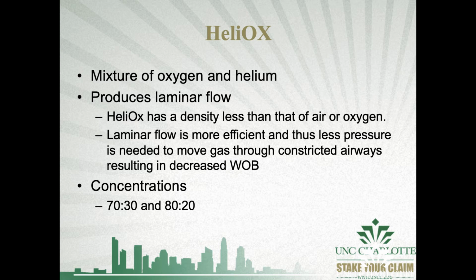You want to titrate your FiO2 to a reasonable level, as low as you can possibly get it without killing your patient, and then provide that Heliox if you use it. So I would target an SpO2 of 85 or higher generally. I don't have any research to back that up. That's anecdotal experience, but the physics behind it is real. You want the lowest FiO2 you can possibly have on your patients to have an effective mixture and distribution of Heliox.